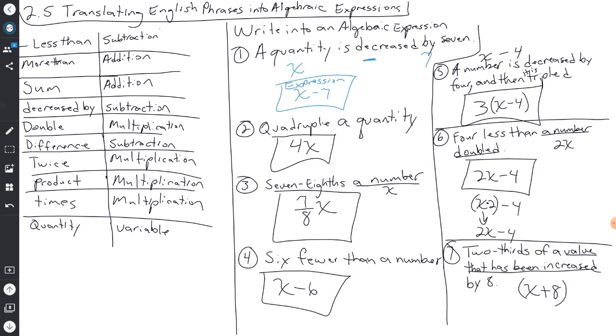So it goes in parentheses. And the 2/3 will go outside like that. The value has been increased by 8, and then we're taking 2/3 of that.